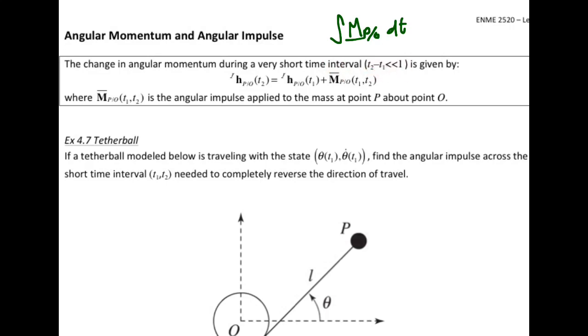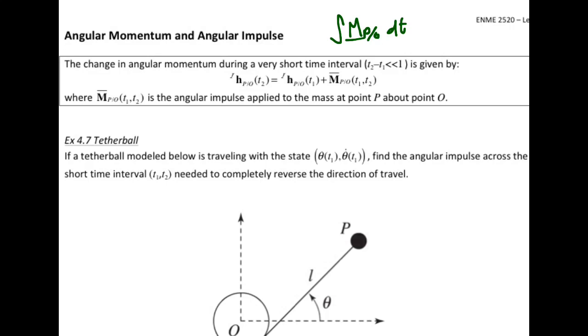And so remember, we use this to apply initial conditions, and we also use this to instantaneously change the momentum of a system, which would be changing the velocity, either the speed or the direction or both. And so we get this expression here that relates the two together.